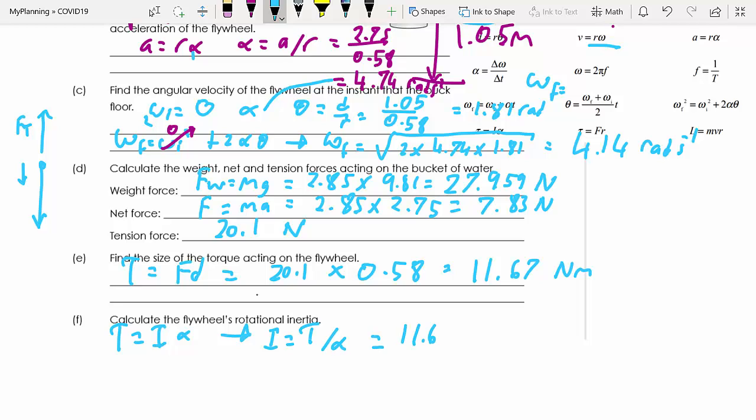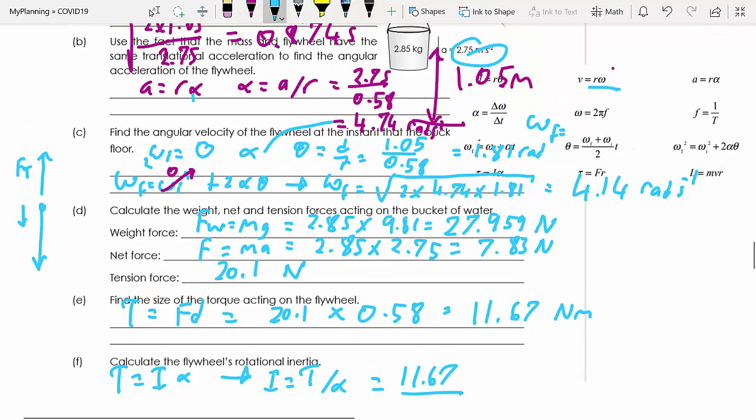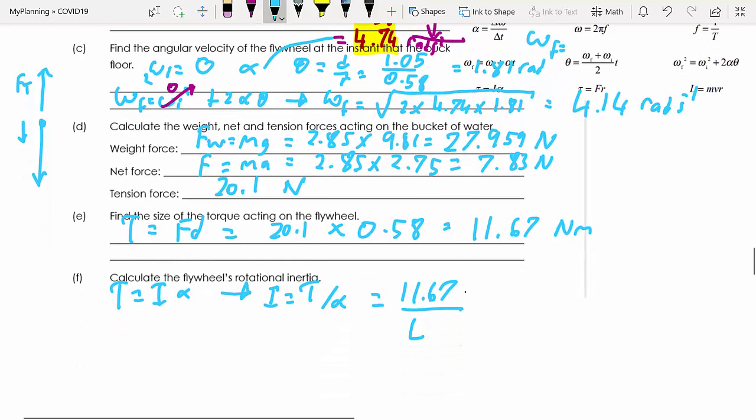And if we've got 11.67 newton meters of torque, and that's causing an acceleration of 4.74, then we can divide that by 4.74, and we get 2.46 kg meters squared of rotational inertia. Cool.